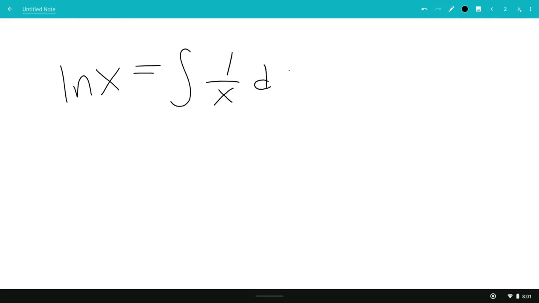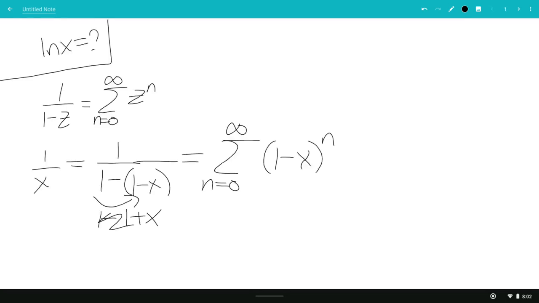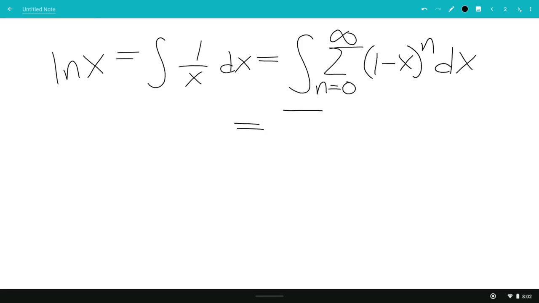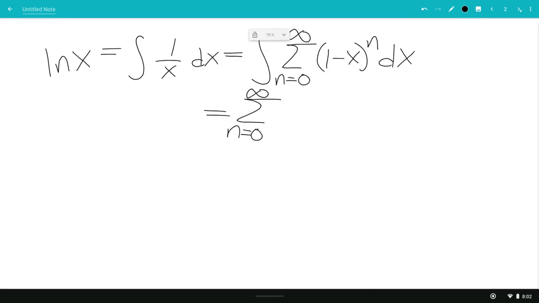So we know that natural log of x is the integral of 1 over x dx, which is equal to the integral of the sum n equals 0 to infinity of 1 minus x to the n dx. We're going to exchange the integral and the sum, so we get the sum n equals 0 to infinity of the integral of 1 minus x to the n dx.